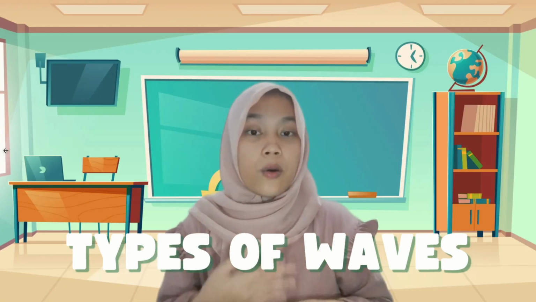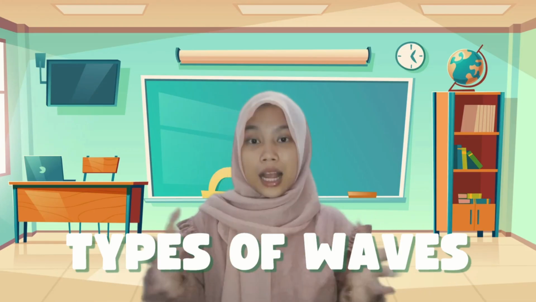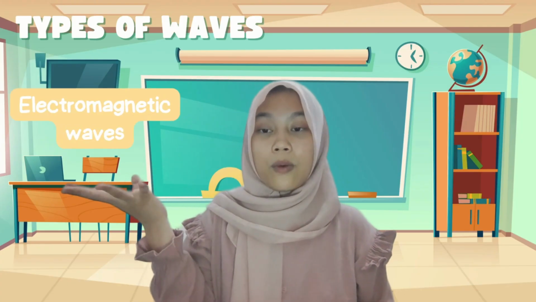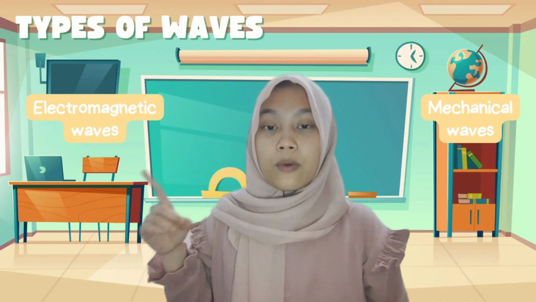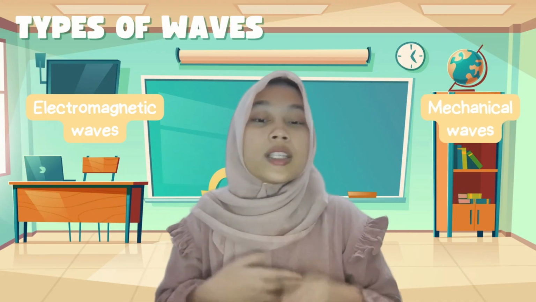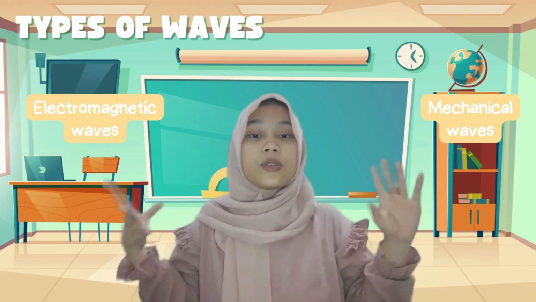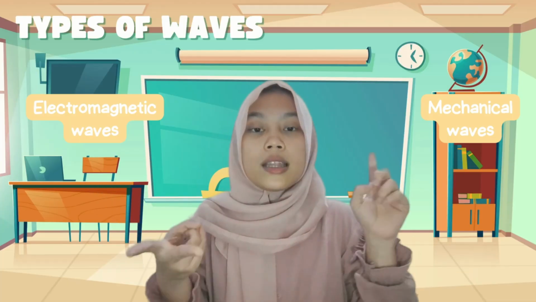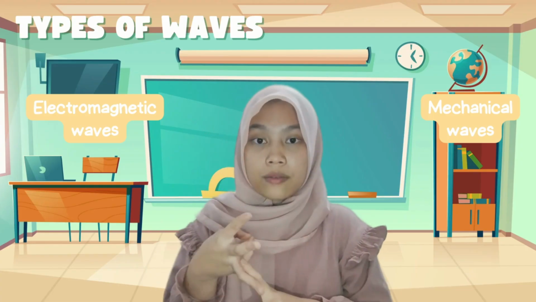We have already known what a wave is. So now let's talk about the types of wave. There are two categories of wave. The first one is electromagnetic wave and the second one is mechanical wave. An electromagnetic wave is a wave that does not need a medium and can travel through empty space, such as a light wave, X-ray, and radio wave.